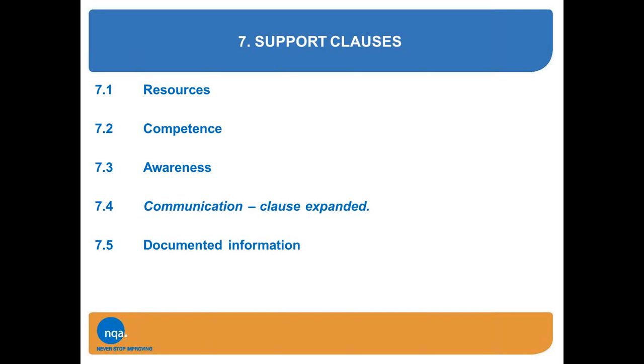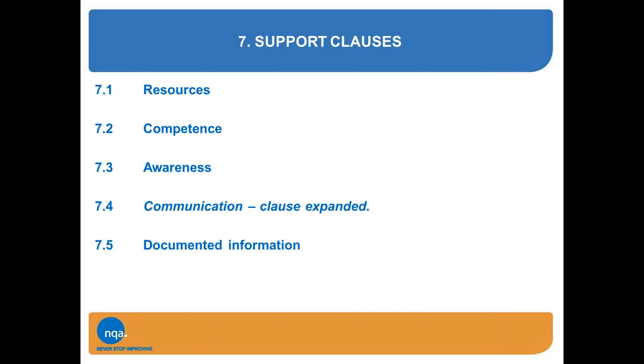In standard terminology, when we talk about documented information, it doesn't necessarily mean physical pieces of paper. It talks about documented information as being on any media, so it can be electronic, visual, etc. But there has to be some method to demonstrate this is what we're trying to achieve. So we're not just talking about hard copy documents.